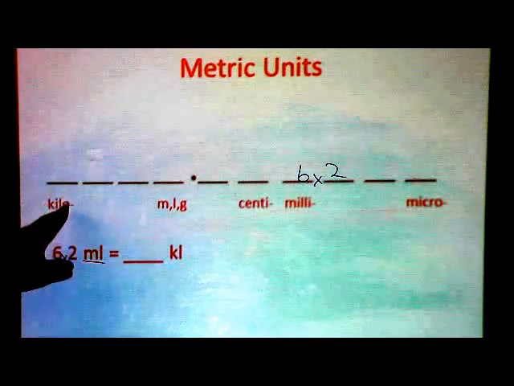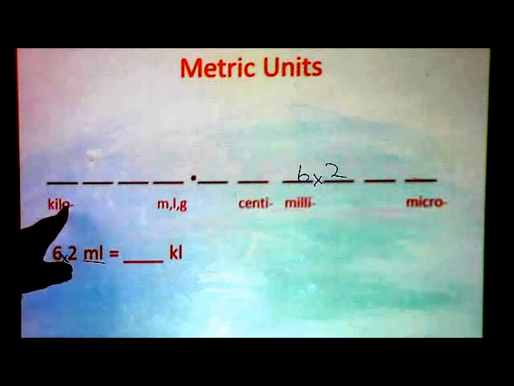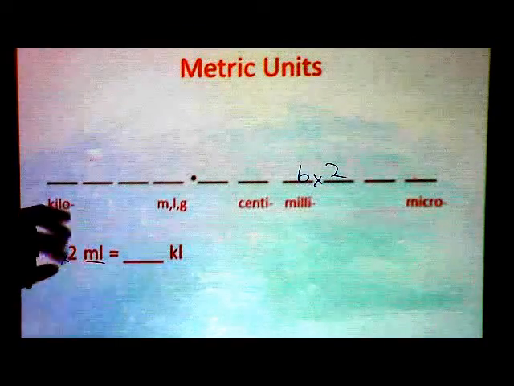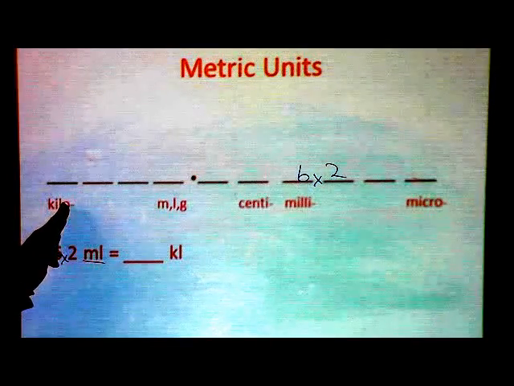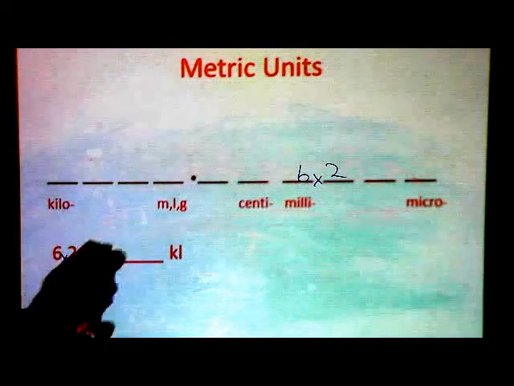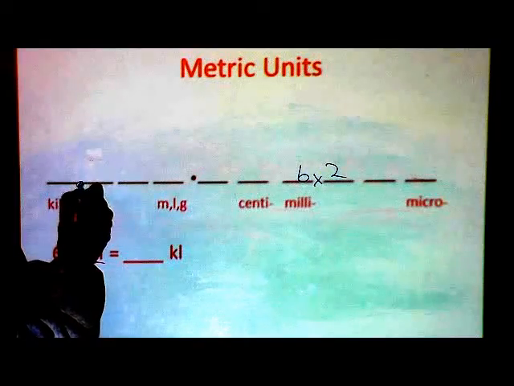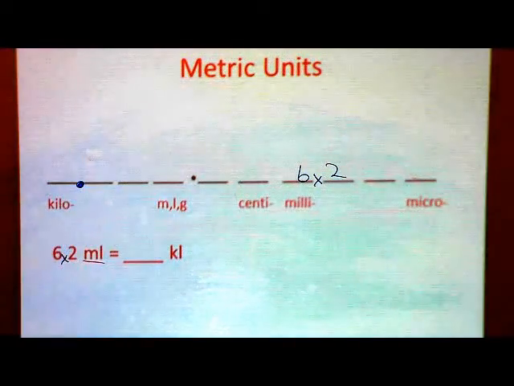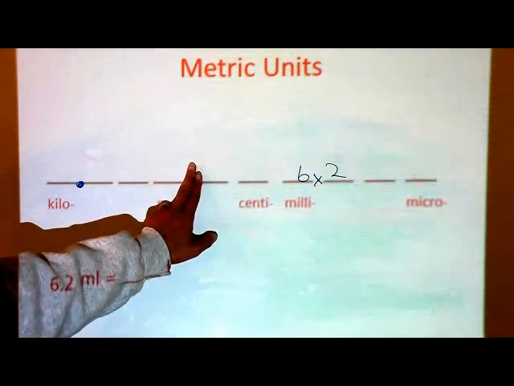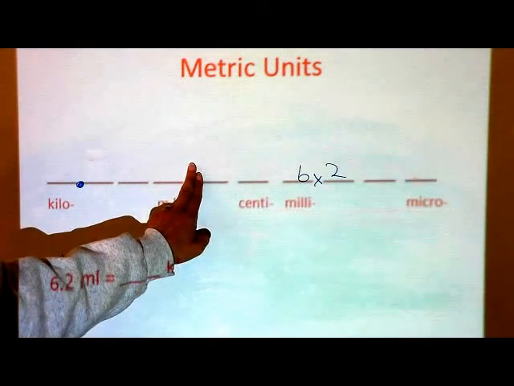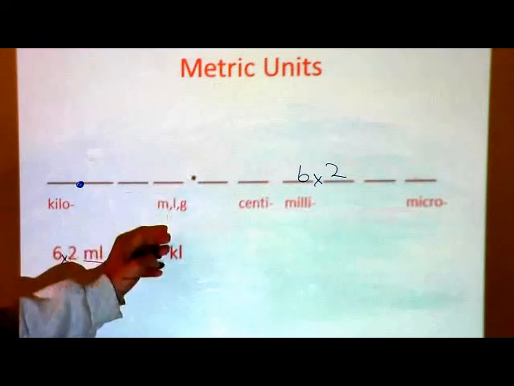Next step, find where the decimal point is for the kilo column. And in this kilo column, remember, the decimal point is always to the right. So here it is. The new decimal point is going to be here. Now what I want you to do is ignore this decimal point. It doesn't exist. Why? Because we're not interested in the 1 column.